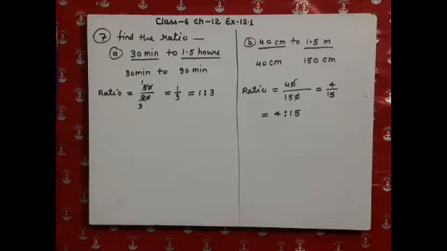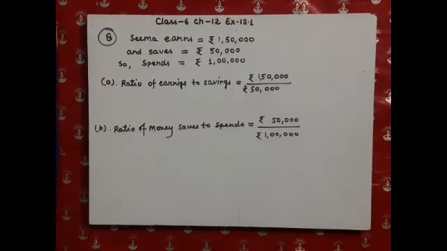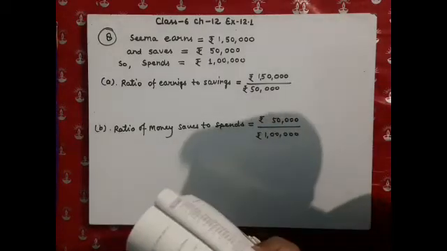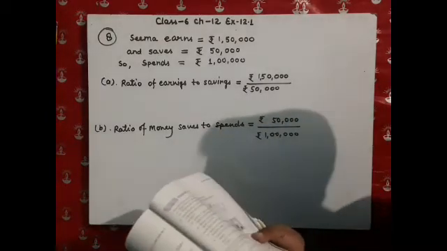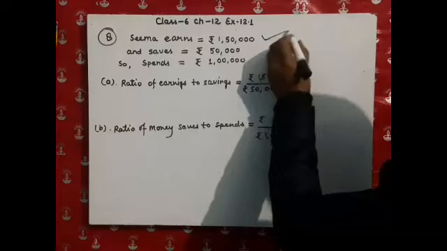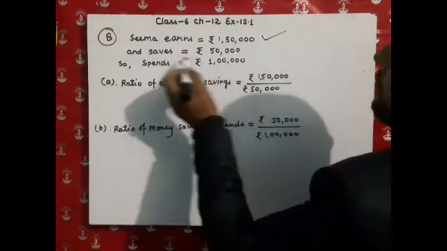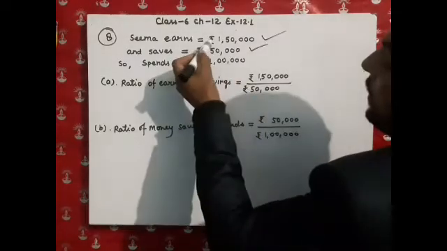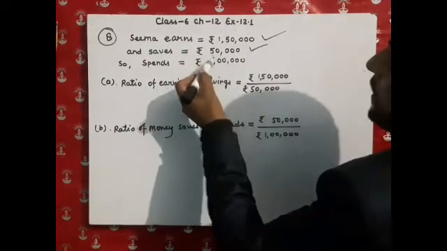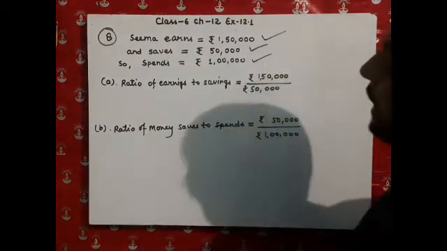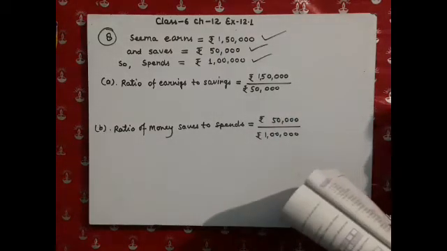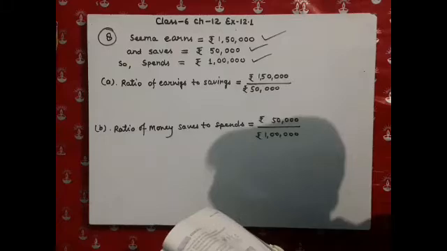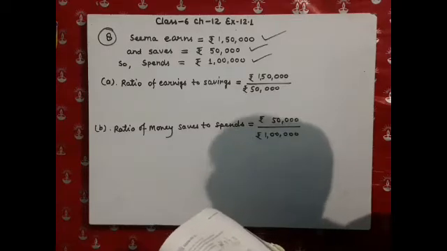Now going to question number 8. Here question number 8 is written on the board. In this question, in a year, Seema earns rupees 1,50,000 and she saves rupees 50,000. So what are the spends? So here 1,50,000 minus 50,000. So here spends are 1 lakh. Now we are going to part A. In part A, the question is asking the money that Seema earns to the money she saves.